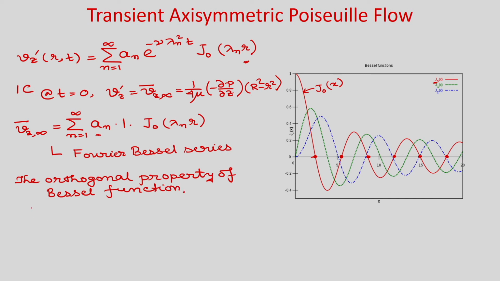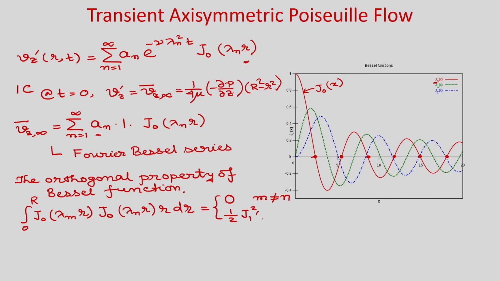So, J0 lambda m r and J0 lambda n r will be orthogonal to each other, and you will get integral 0 to R of J0 lambda m r J0 lambda n r r dr, in this case is equal to 0 for m not equal to n, and half J1 square lambda n R for m is equal to n.